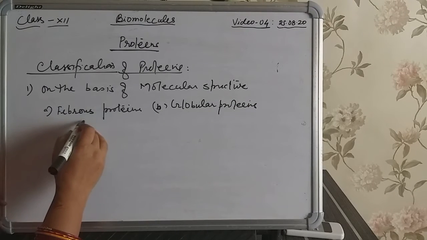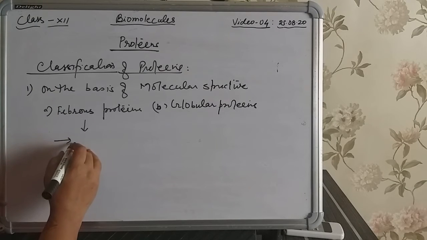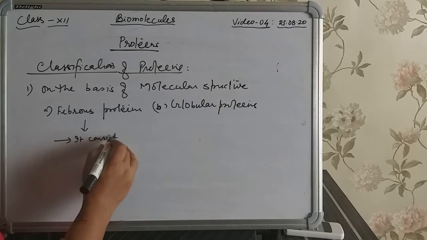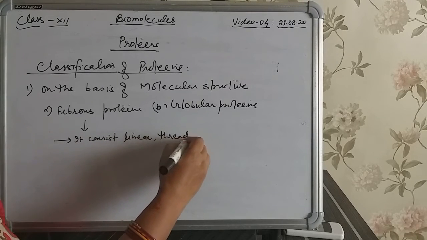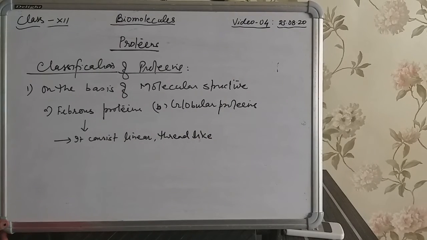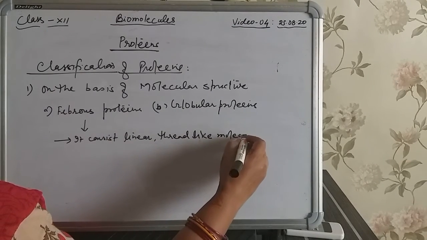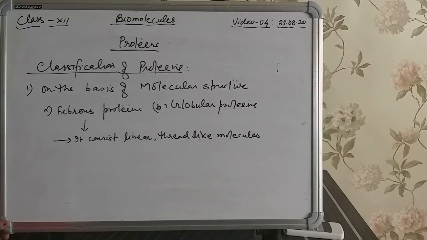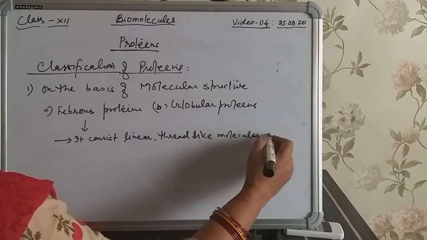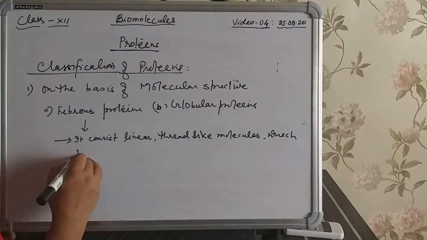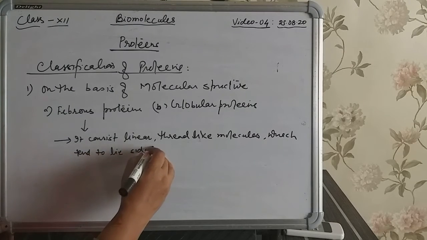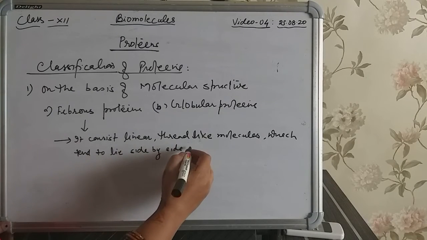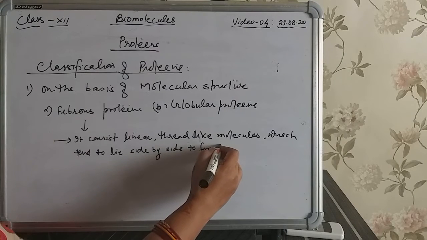Fibrous protein consists of linear, thread-like molecules which tend to lie side by side to form fibers.